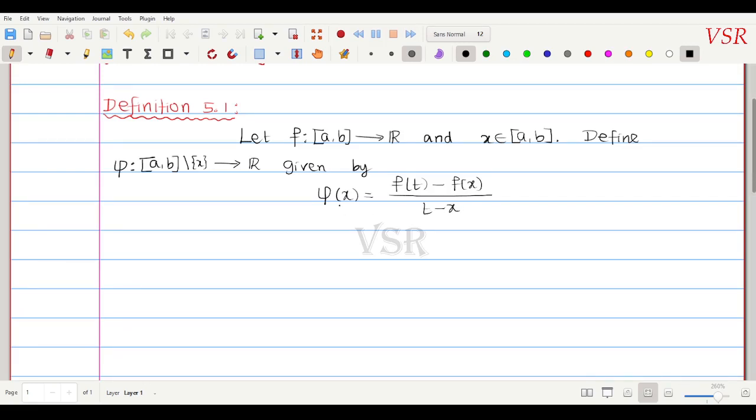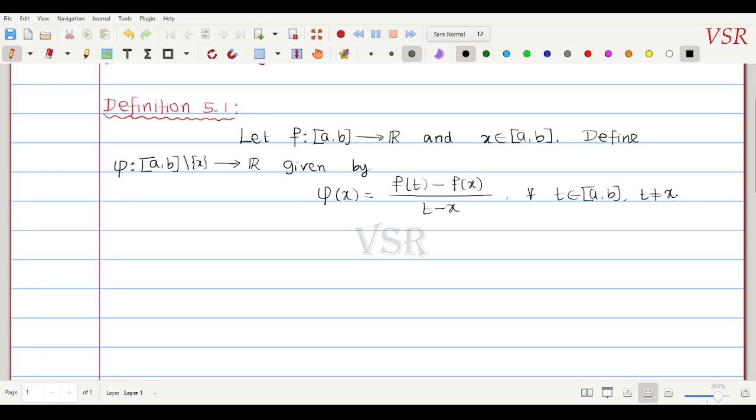Phi of t equals f of t minus f of x divided by t minus x, for every t belonging to the closed interval [a, b], where t is not equal to x.